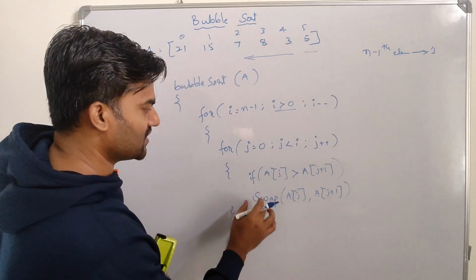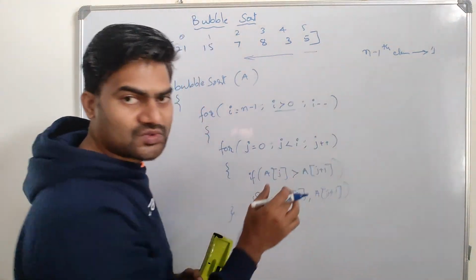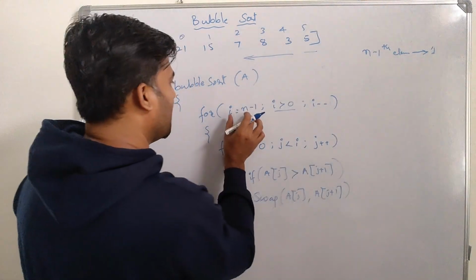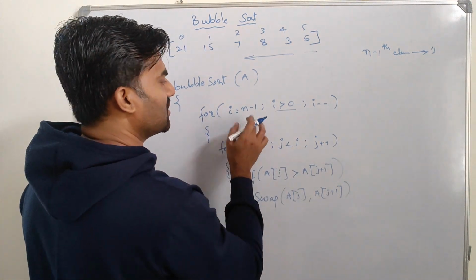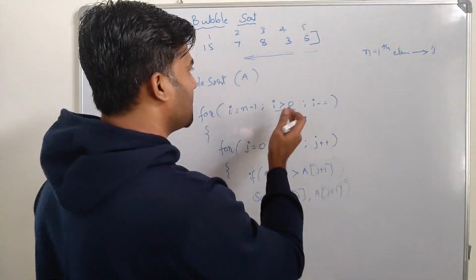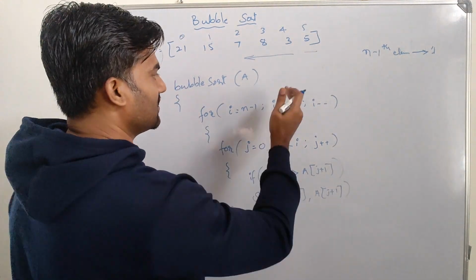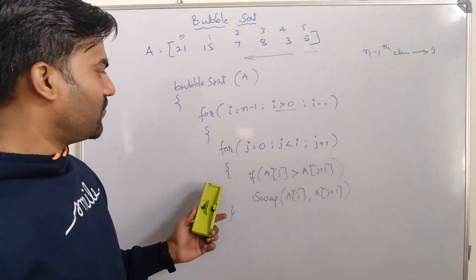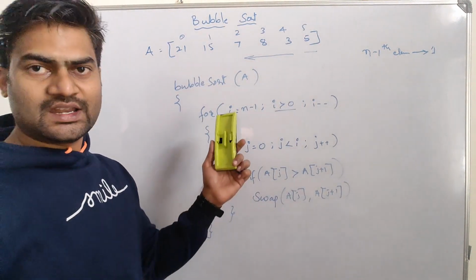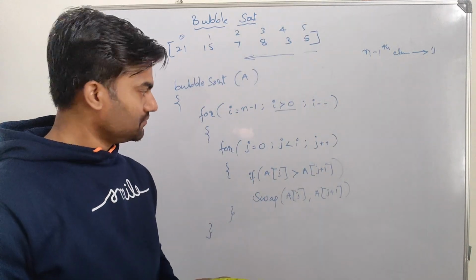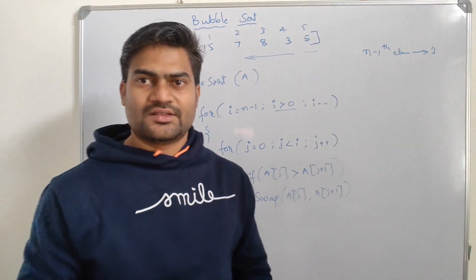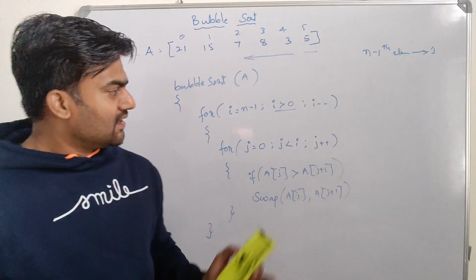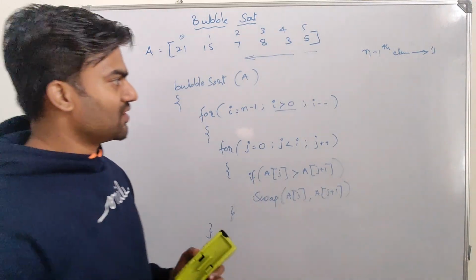So at the end of the first iteration, our max element moves to the ith position, which is n minus 1 for the initial iteration, and which gets decreased. So at the end of both the for loops, we get the sorted array.